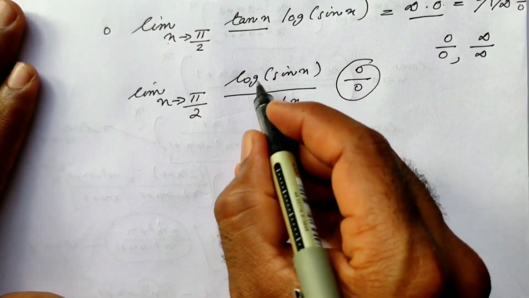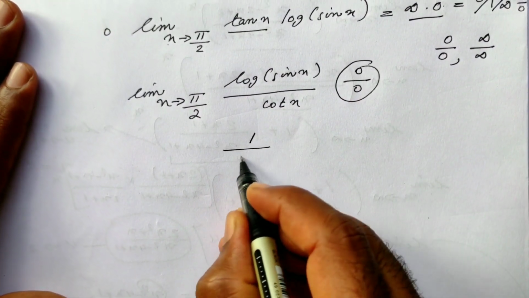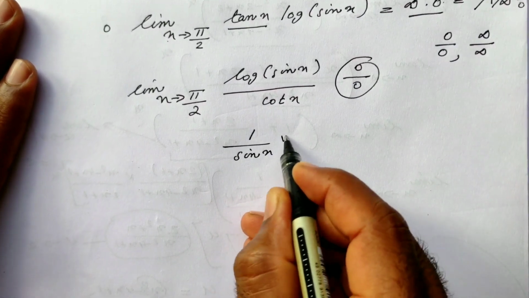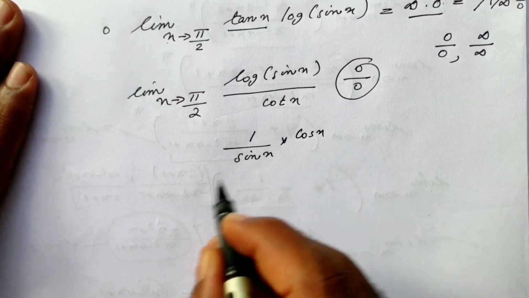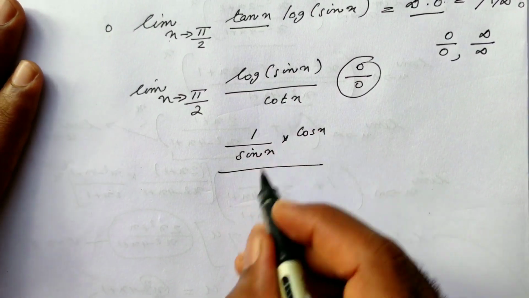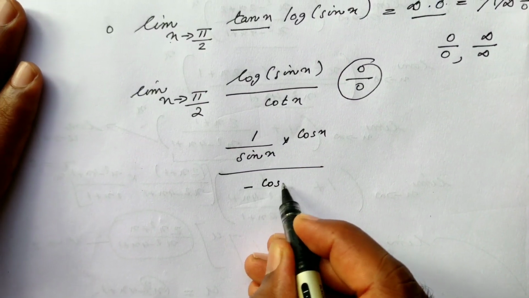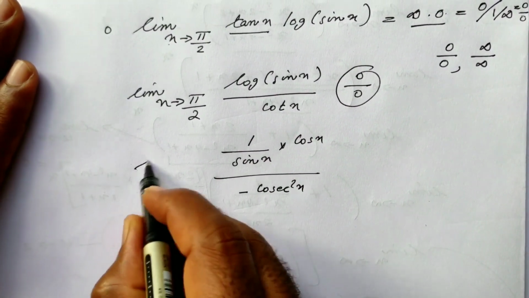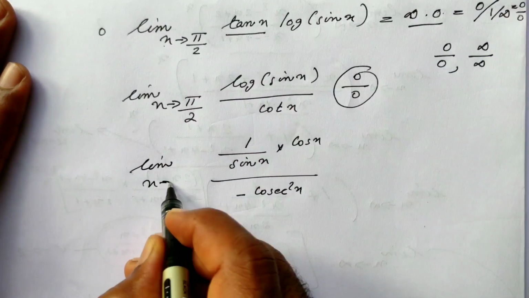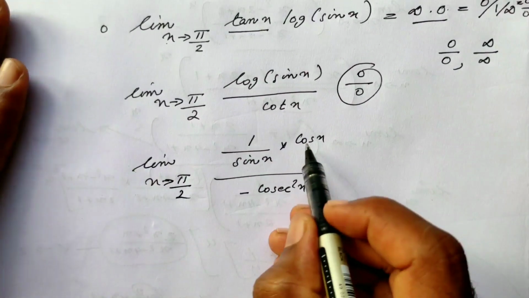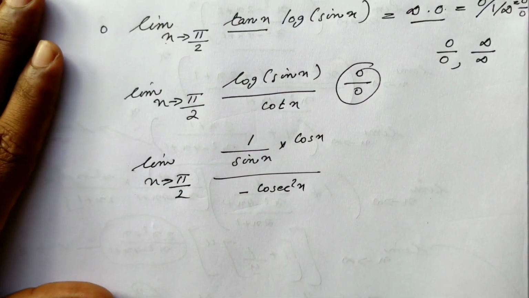So taking the derivative of log sin x, that is 1 by sin x into cos x. We know the derivative of cot x is minus cosec square x. That is limit x tends to pi by 2 of cos x by sin x divided by minus cosec square x.